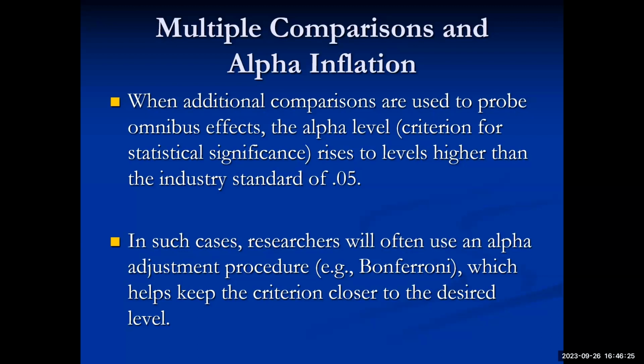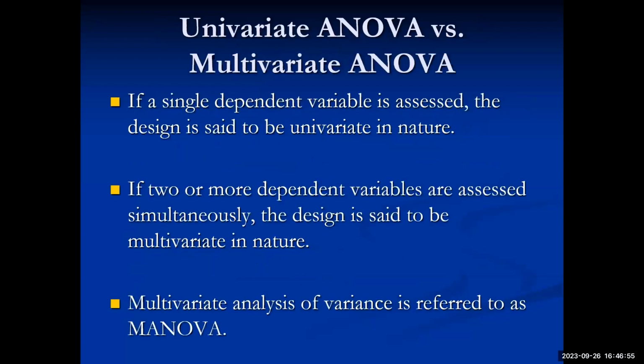In such instances, researchers will often use an alpha adjustment procedure. There are lots of different adjustment procedures out there. Bonferroni is a common one, and it's the example I give on this slide. When we use those adjustment procedures, we're trying to balance statistical power with the increase in alpha error inflation.